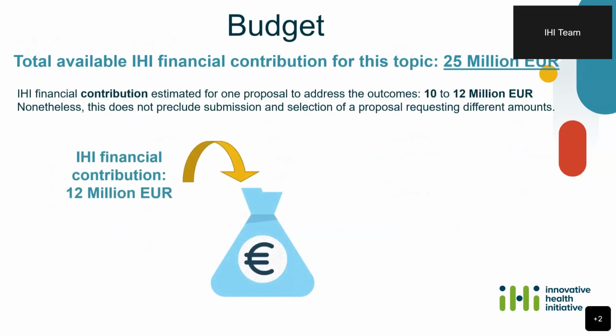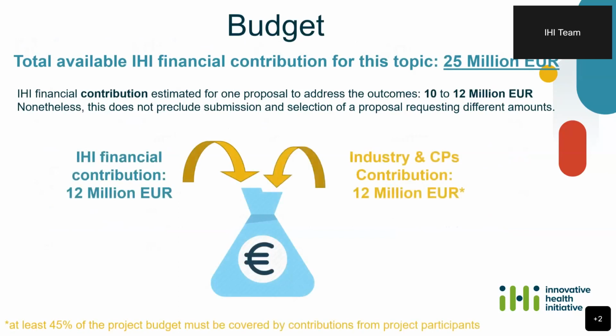Let's assume there is a proposal which is requesting 12 million IHI financial contribution. It means that within this consortium submitting the proposals, there should be a contribution coming from the industry members or the contributing partners, which contributes to 12 million euros.